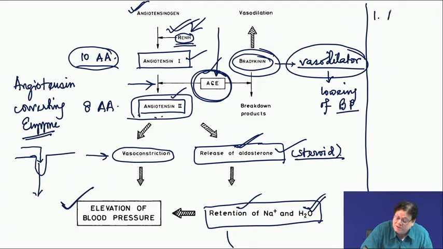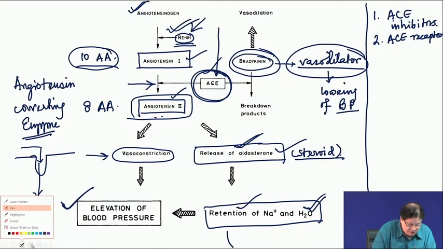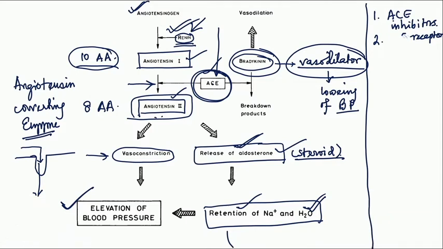One is ACE inhibitors, and the other is, not ACE, sorry, the angiotensin 2 receptor antagonist. Okay. So, these are the two strategies you can take.